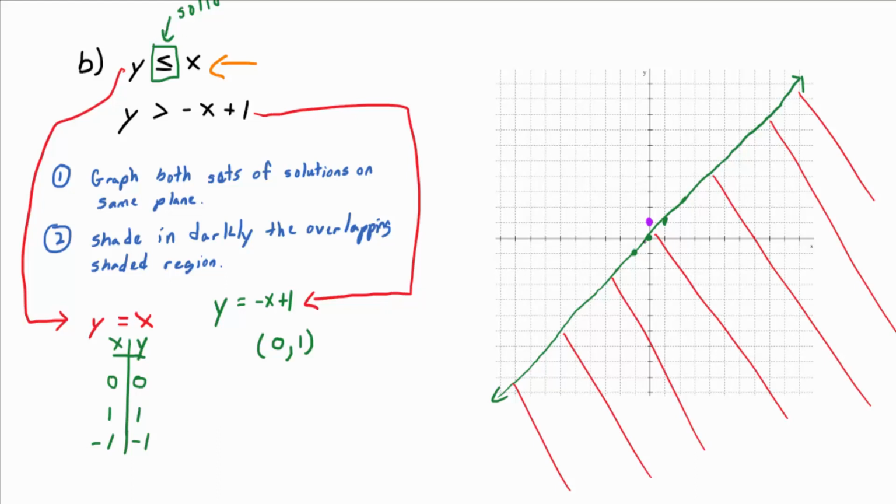And then what's the slope? Yeah, so the slope is negative 1, so you can think of it as negative 1 over 1. So from that point in purple, you could go down 1, right 1. Down 1, right 1. Or you could go up 1, left 1. It doesn't matter if you think of that negative as in the numerator or the denominator, right?